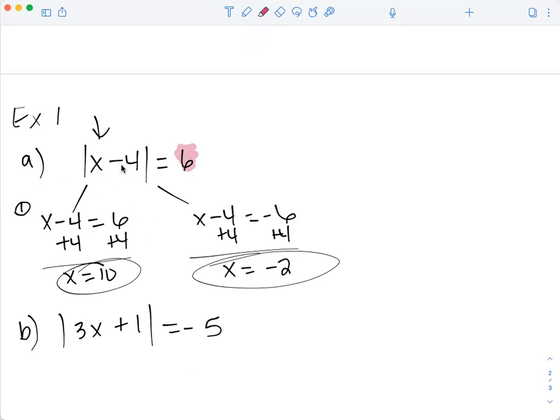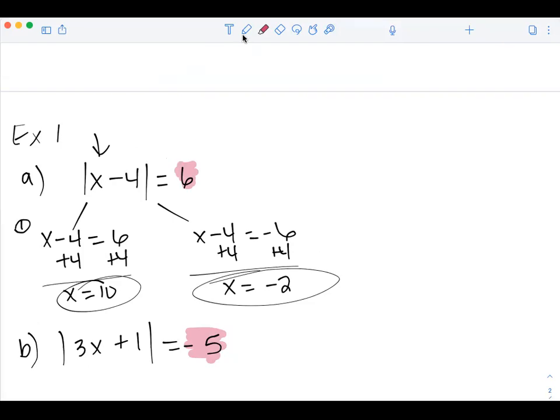The absolute value is alone in example A. The number on the right, on the opposite side, is positive. This number over here, though, is negative. If you think about what values for x could work, there are no values for x, positive or negative or zero, that when you take the absolute value will equal a negative value or a negative distance. So this one is actually no solution.